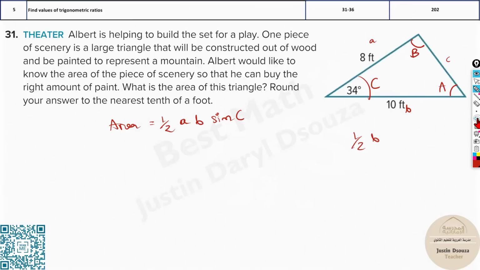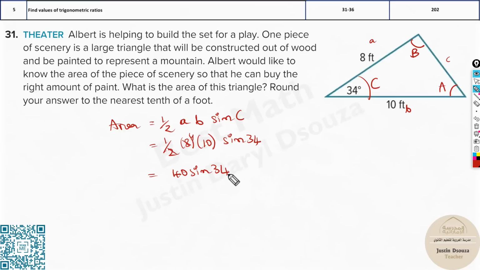Whenever we know two sides and the included angle, what we do is AB and this is C. That's it. So now all you do is substitute half. What is A? 8 multiplied by 8 multiplied by 10, and we have sine 34 degrees. Now since we have sine, we have to use calculator here. But still we can solve some of it. This is 4 times 2 times 1, 2 times 4 is 8, and 4 times 10 is 40 sine 34.